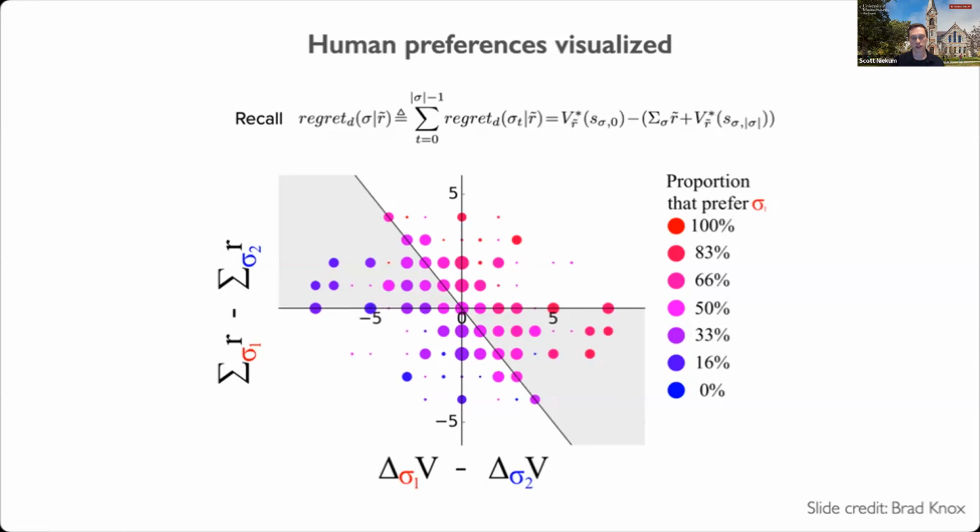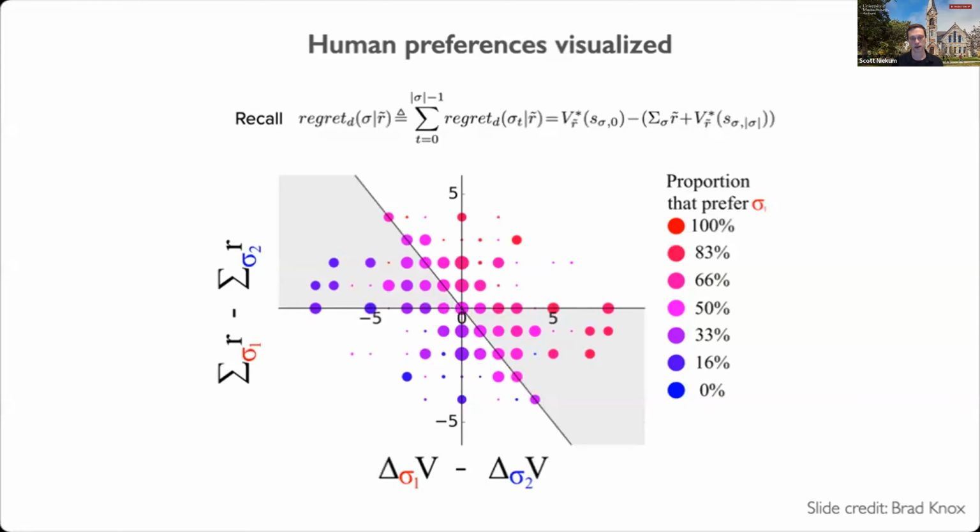If you look at the horizontal line, y equals 0, that is the line along which there's no return difference at all between the two trajectories. If people were giving return-based preferences, we would expect a 50-50 preference, so we would see all pink. But you can see we have the whole spectrum along there.